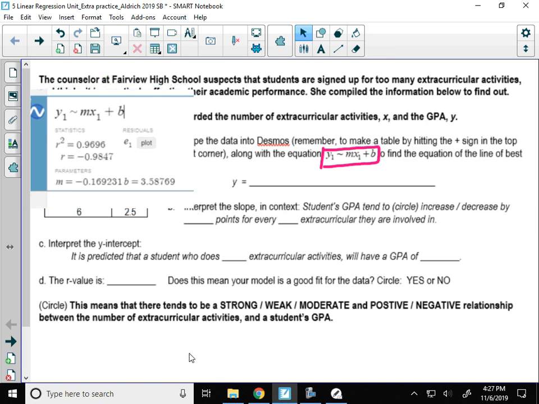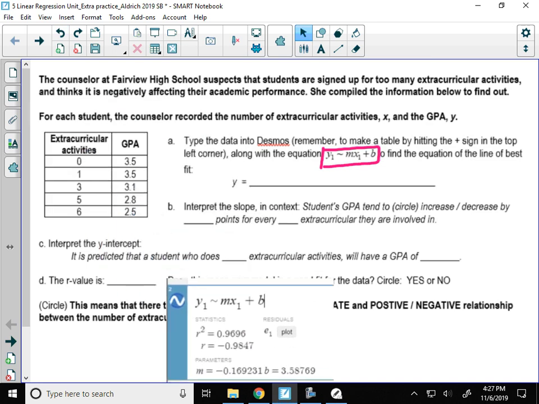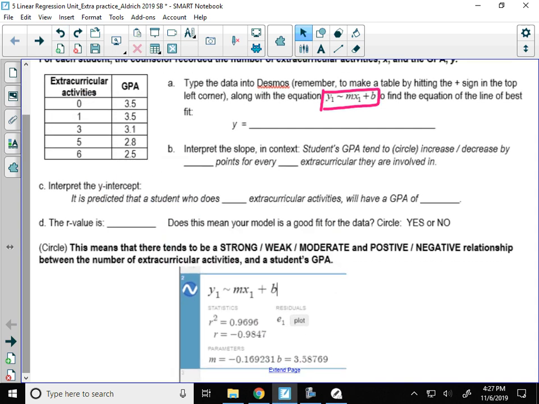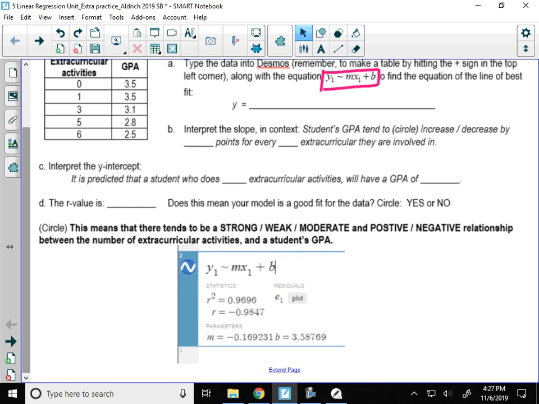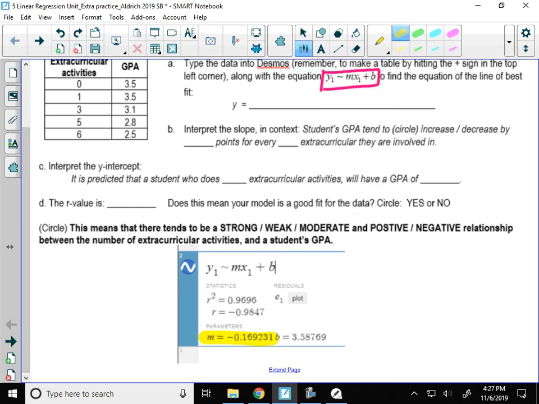So we have our y equals. Okay, so I'm going to move this right down here a little bit. So I need my y equals. m is my slope. So I look for here. Here's my m, right?